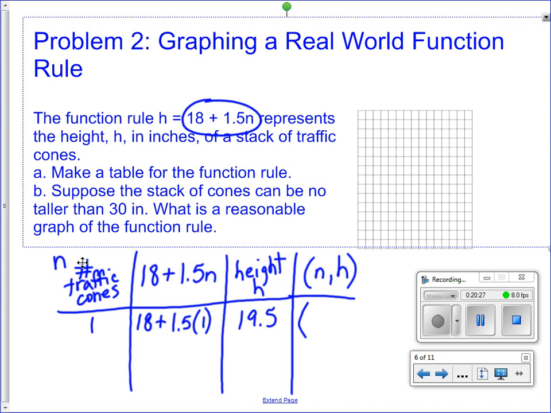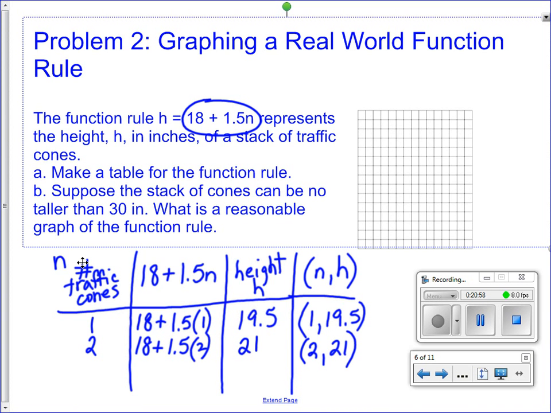Okay, so we have the ordered pair 1 and 19 and 5 tenths. We can choose 2 if you'd like to do that. Let's go ahead and do that. 2 traffic cones. We have 18 plus 1.5 times 2. 1.5 times 2 is 3, plus the 18 would be 21. And so I have the ordered pair 2, 21.